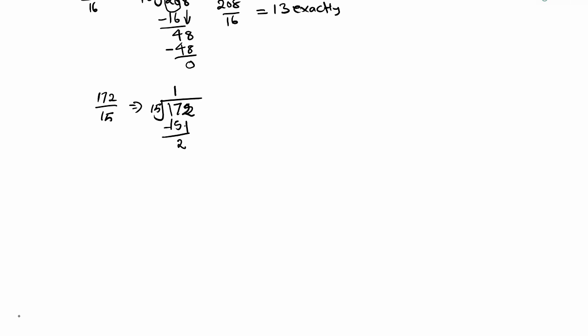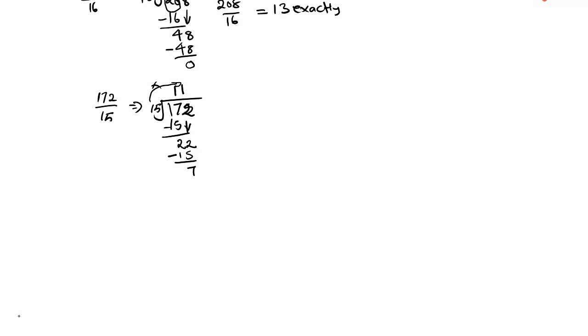Drop that 2, and 15 divides into 22 how many times? 1. And then again 15 times that 1 gives 15. Subtract 15 from 22, you get 7.